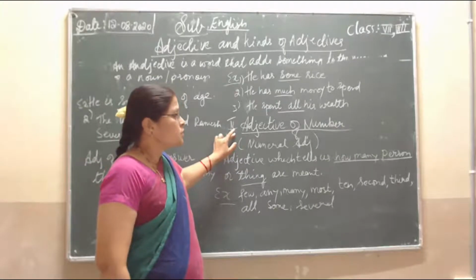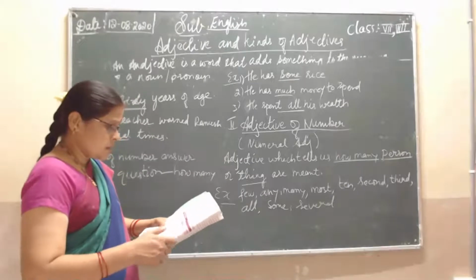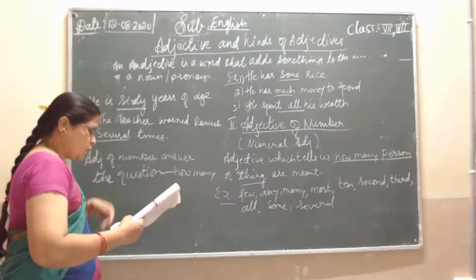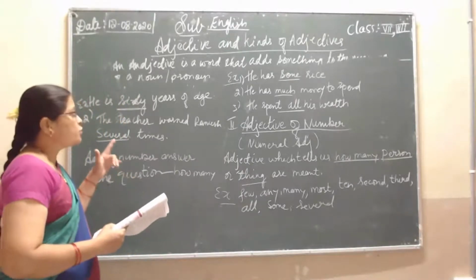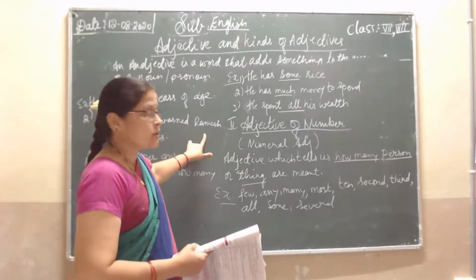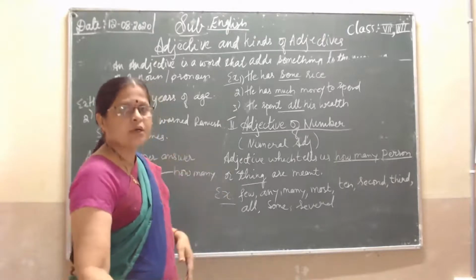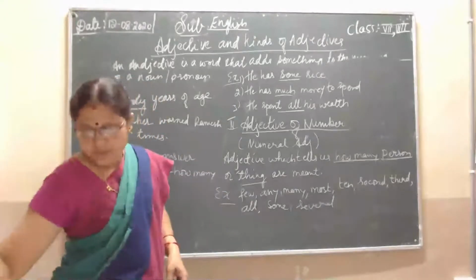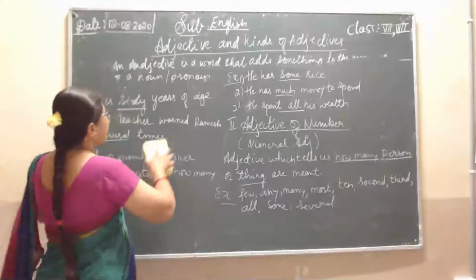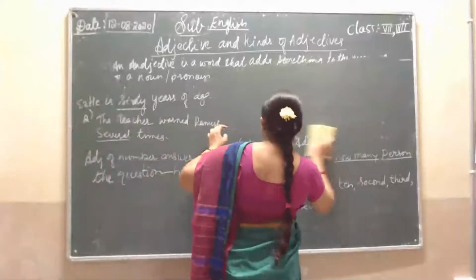Is it clear, students? Now apart from this, I'll be giving you homework on the three kinds of adjectives. Note down those things, do the homework and check your answers. We'll be giving you the key answers also.